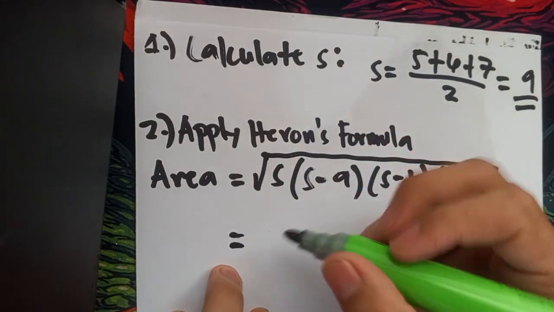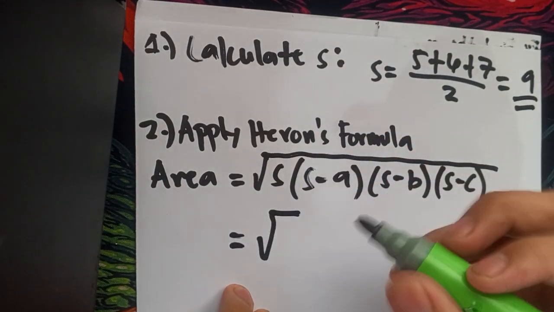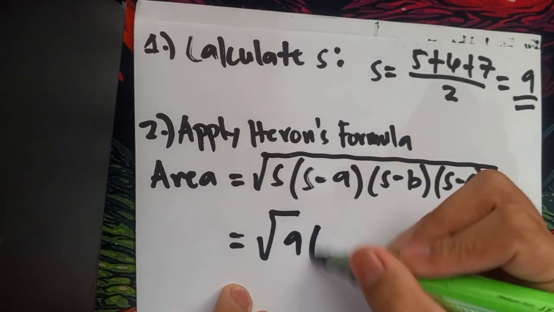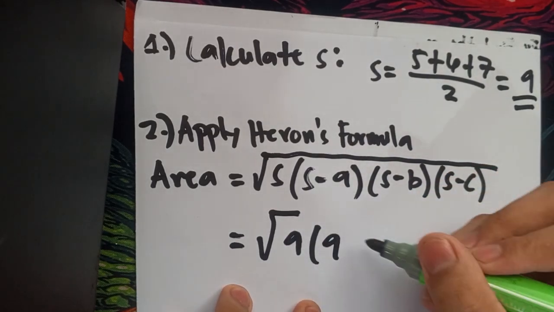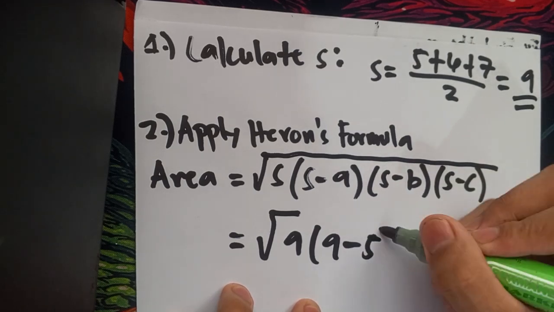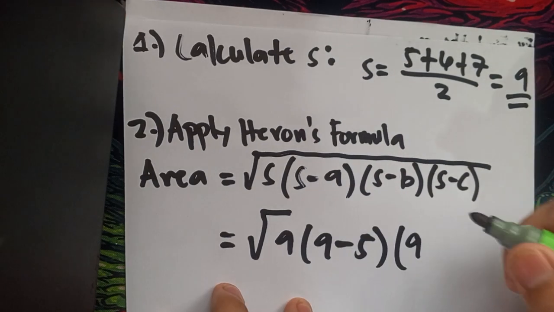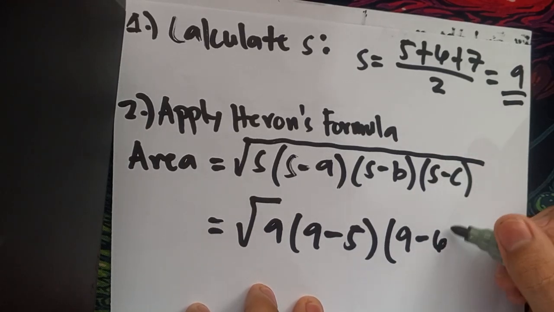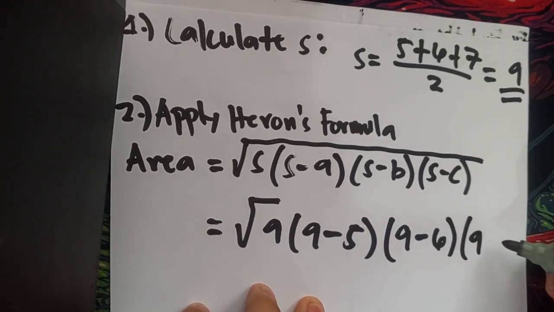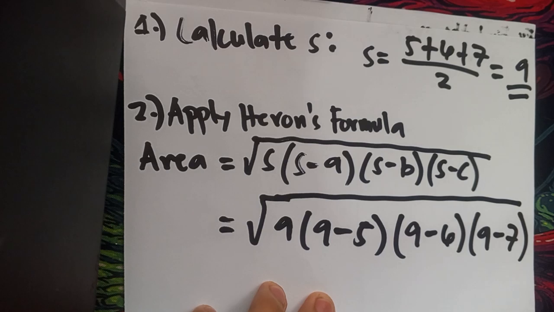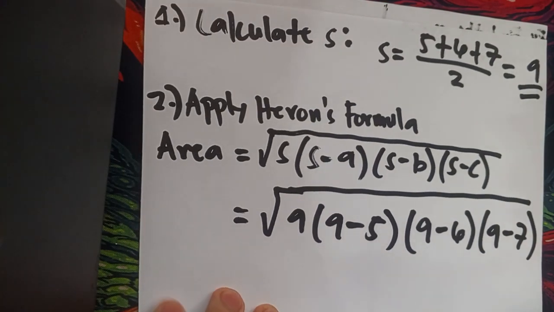Area is equal to the square root of semi-perimeter, which is 9, times semi-perimeter minus side A, which is 5, times semi-perimeter minus side B, which is 6, times semi-perimeter minus side C, which is 7. Then don't forget the square root.